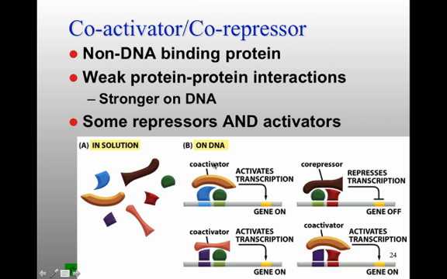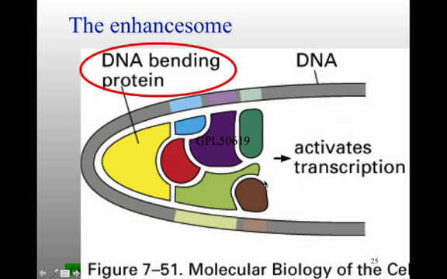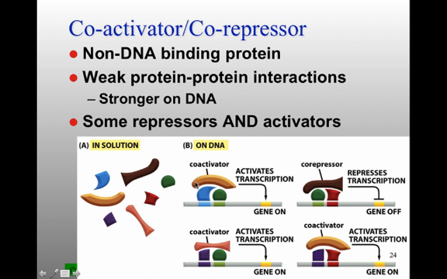So, not surprisingly, a co-activator helps activate transcription, and a co-repressor helps to repress transcription. What's another aspect here which is important is that the co-activator in and of itself could activate transcription just fine, but it needs to be brought to the right place. And bringing it to the right place is through these protein-protein interactions that happen with any of these DNA binding proteins which are present down here on the DNA.